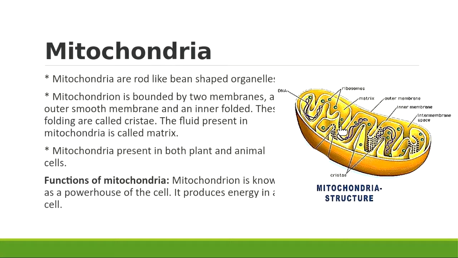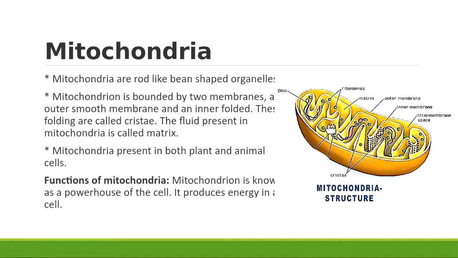Another most important thing about this mitochondria is that it possesses its own DNA. Other organelles do not possess DNA, but this organelle does, along with another organelle present in the plant cell, which we will discuss later on. It also possesses its own ribosomes, which are utilized for the production of proteins.